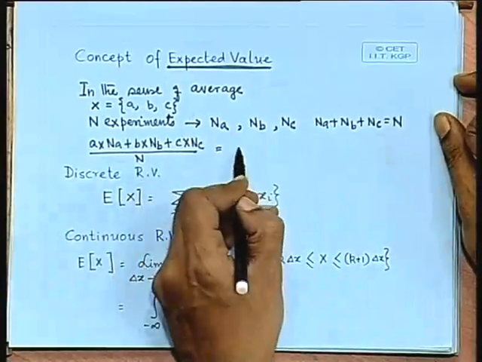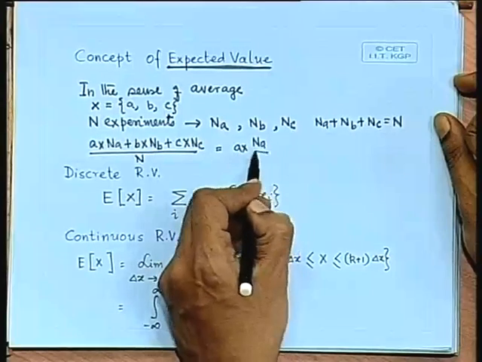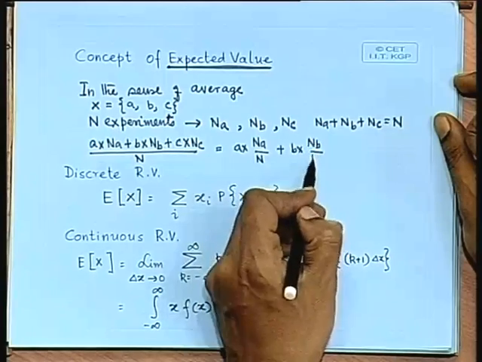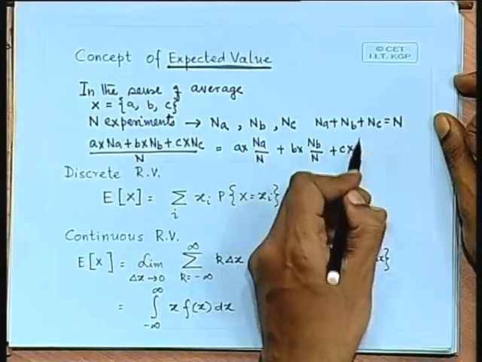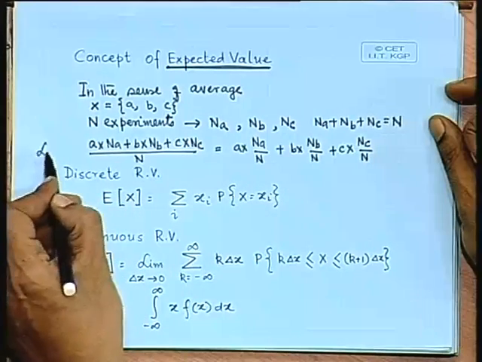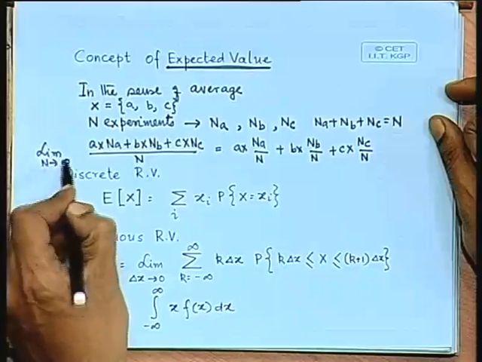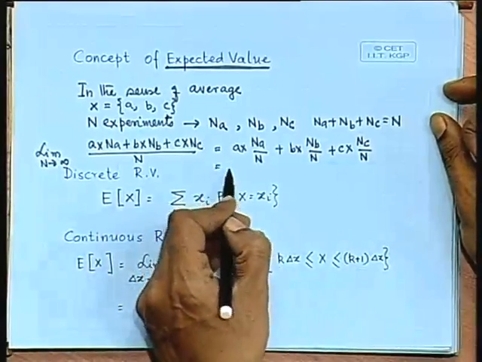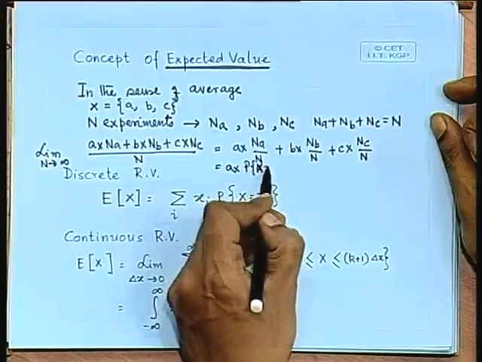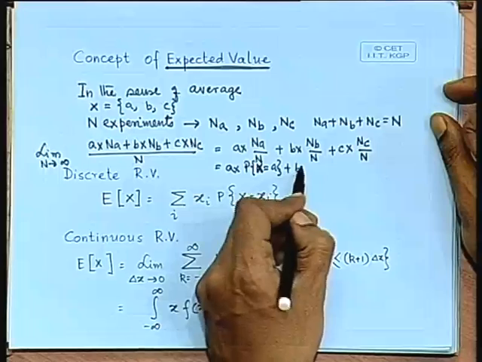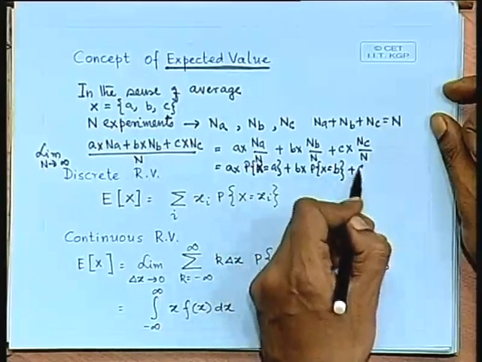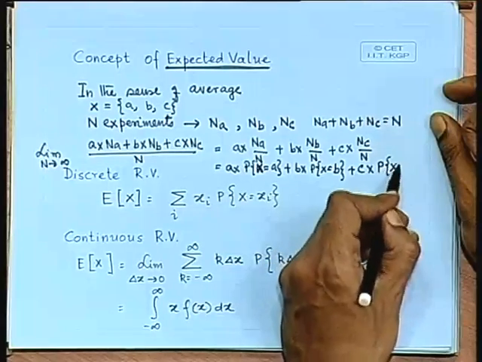So what we get is a into n_a by n, plus b into n_b by n, plus c into n_c by n. Now, if we take the limit that n tends to infinity, then we get a into the probability that x is equal to a, plus b into the probability that x is equal to b, plus c into the probability that x is equal to c.